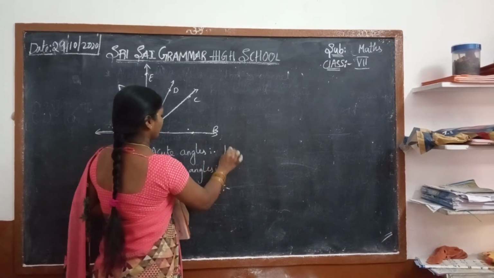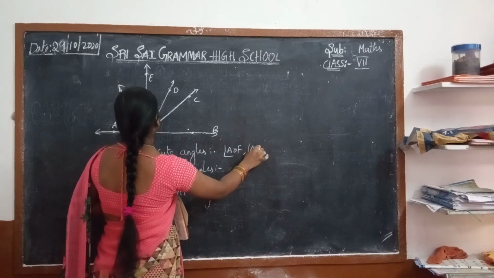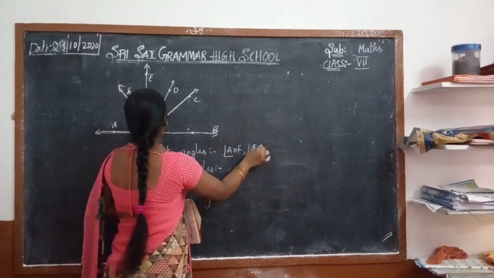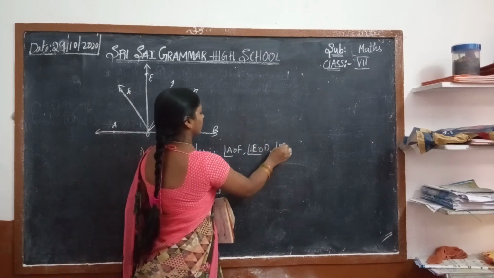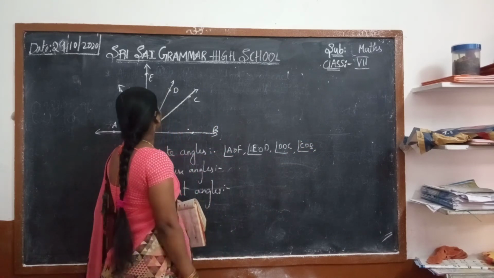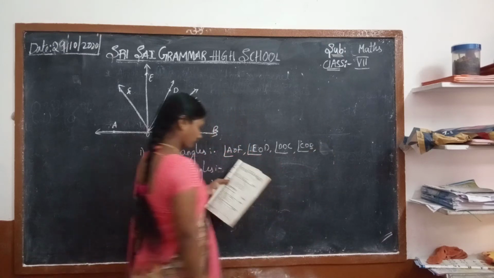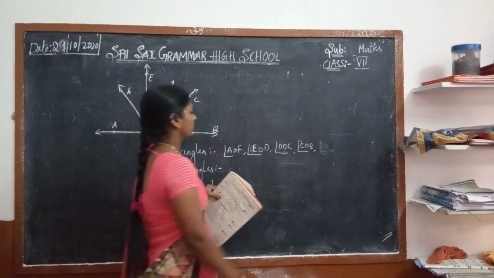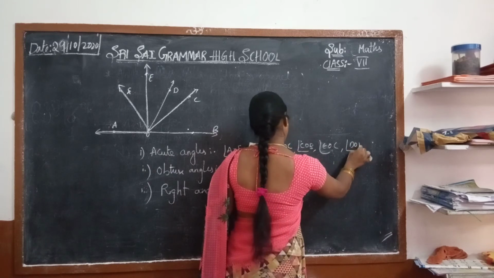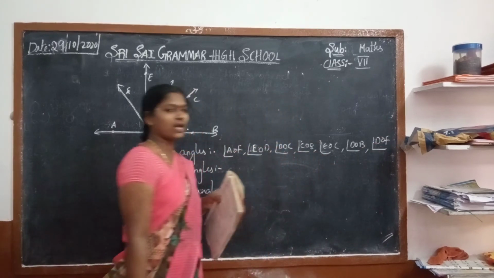Now see, angle A, O, F. Angle E, O, D. Angle D, O, C. Angle C, O, B. Angle F, O, B. Angle E, O, C. Angle D, O, B. Angle D, O, F. These are the acute angles formed.